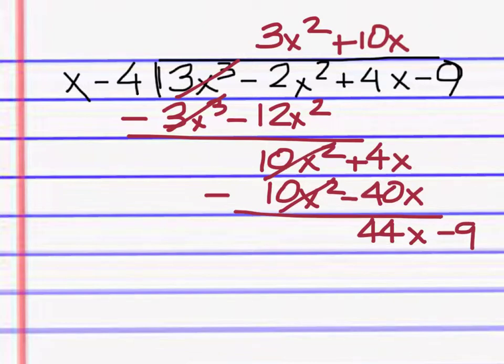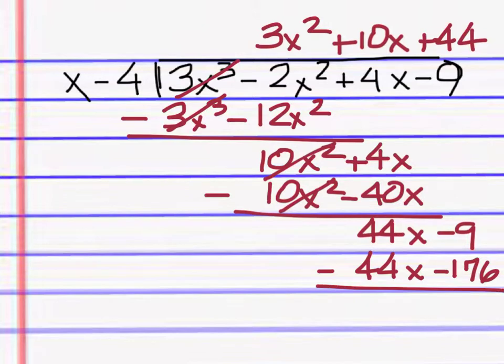What am I going to have to multiply this by to get to this? 44. So if I multiply 44 by x minus 4, I come up with 44x minus 176.